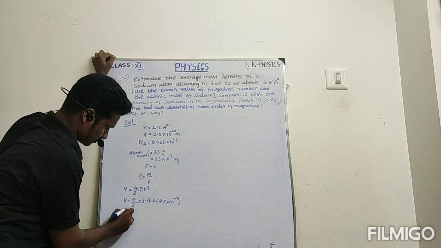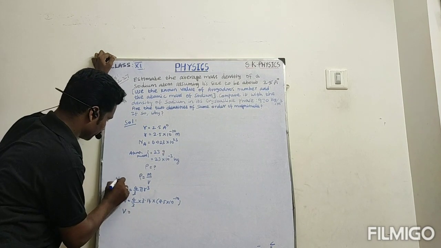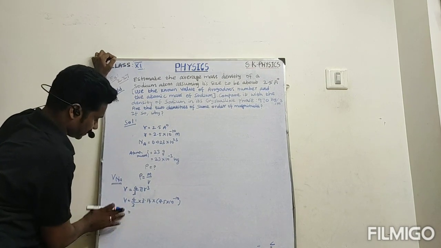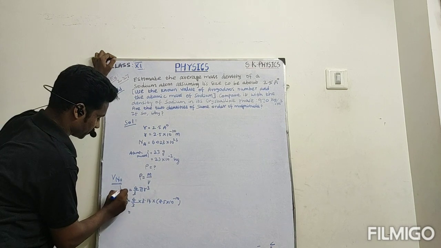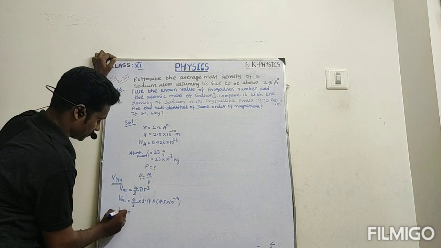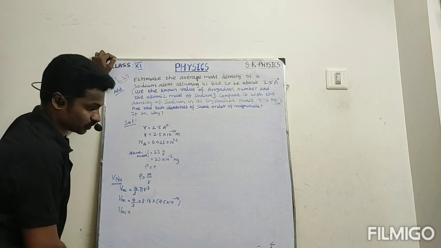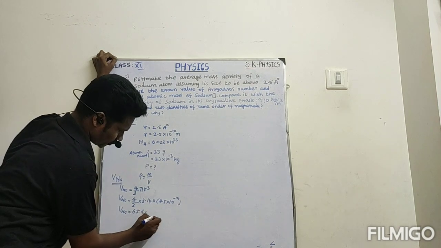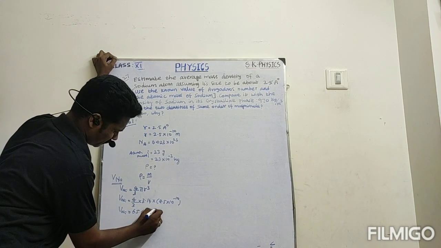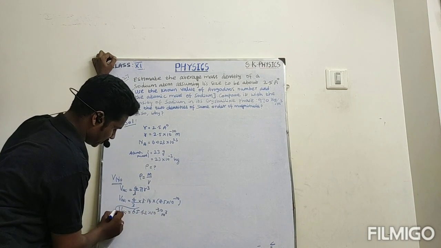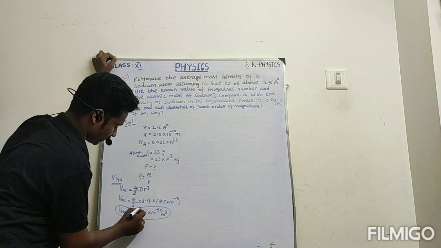This is the volume of the sodium atom, or simply I can write it as V A. The volume of the sodium I calculated is 65.42 into 10 power minus 30 meter cube. This is the volume of the sodium atom.